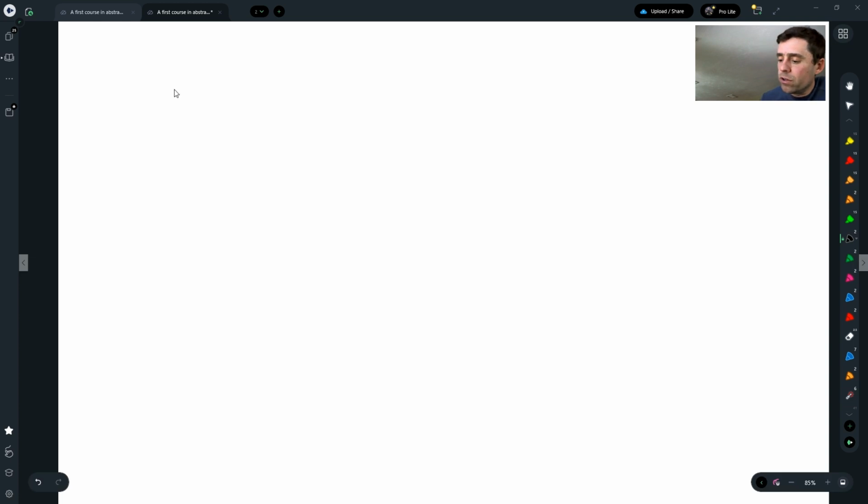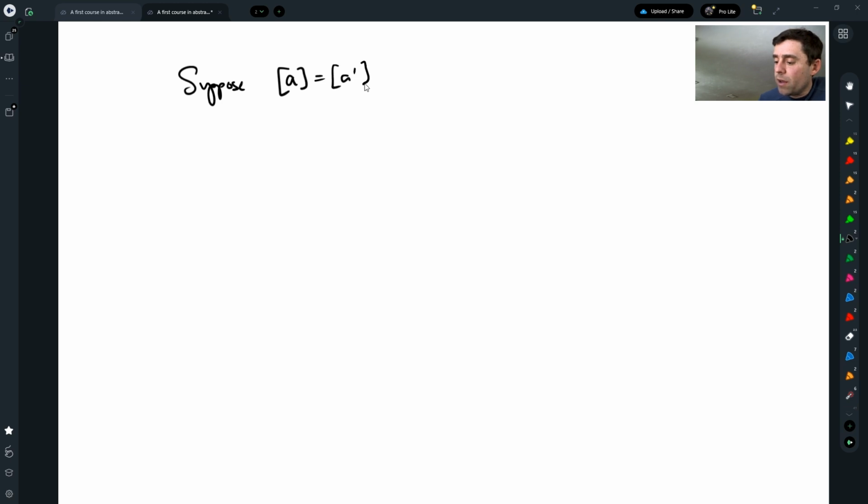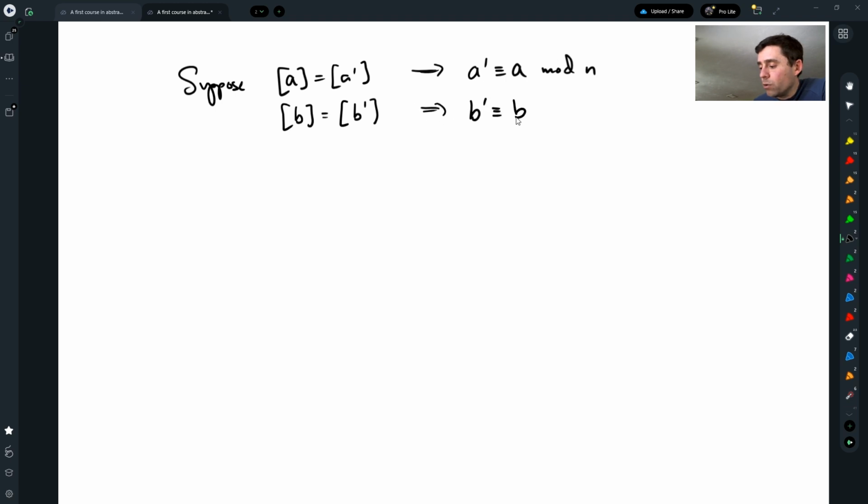So suppose that the class of A is the same as the class of A prime, and the class of B is the same as the class of B prime. And I want to end up showing that the sum is actually the same. So this implies that A and A prime are congruent modulo n, and this implies that B prime is congruent to B modulo n if they are in the same class.